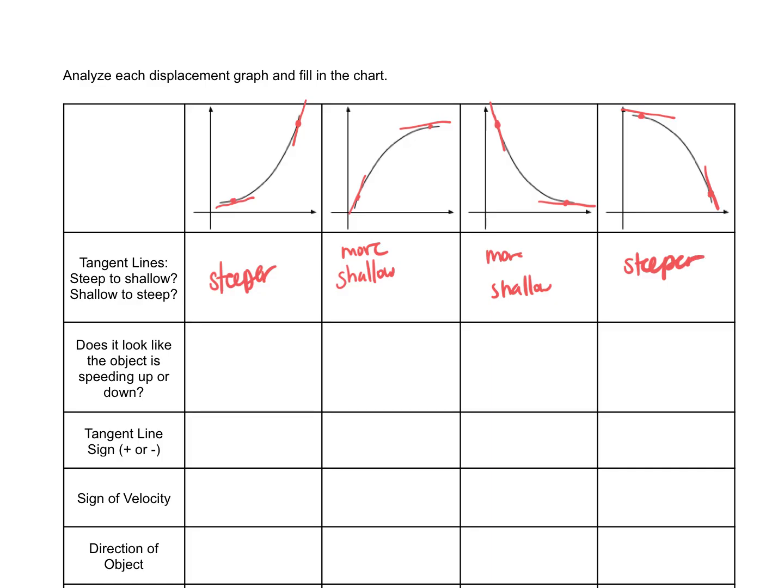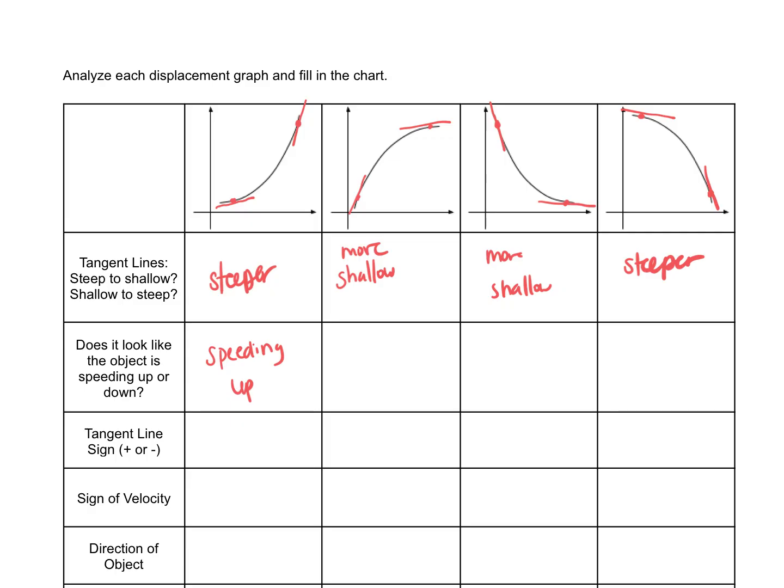Okay, so based off of this, does it look like the object is speeding up or slowing down? So because my tangent lines are getting steeper, I would say it's speeding up for the first one. It looks like it's starting off slower, it's more gradual, but then it's getting faster, it's accelerating.